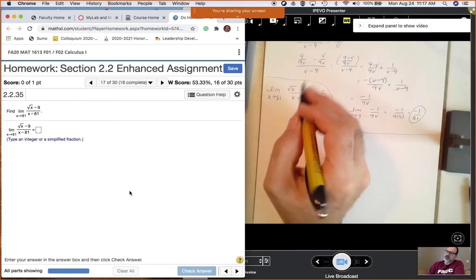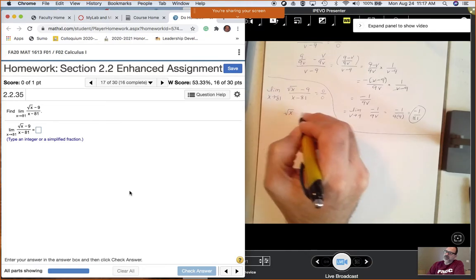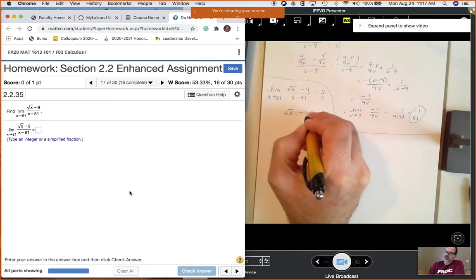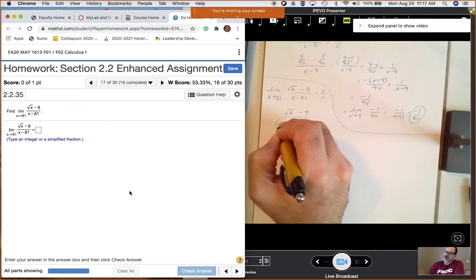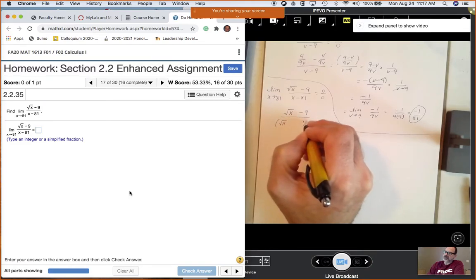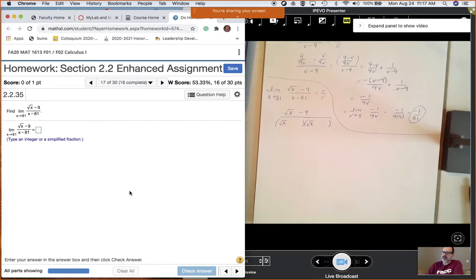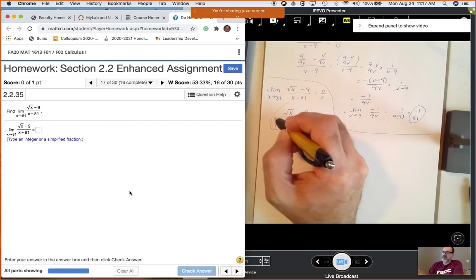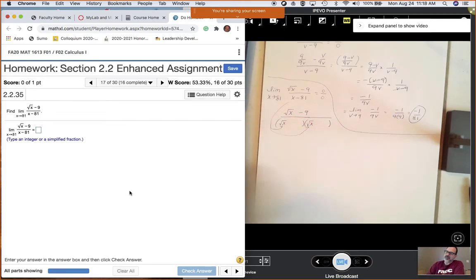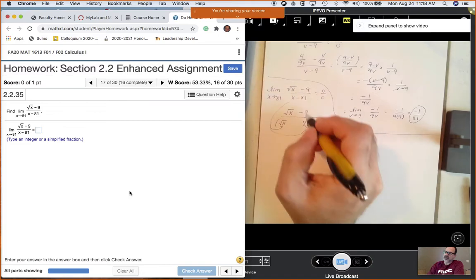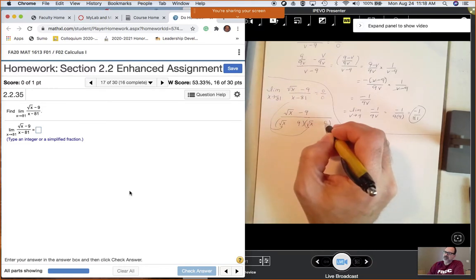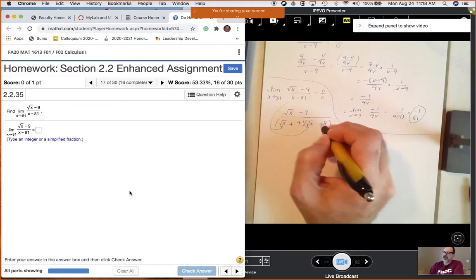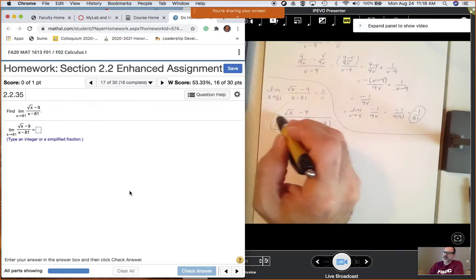where my x, if I treat it as a perfect square, would factor into root x times root x. And of course the 81 would factor into 9 times 9. One of them gets a plus, one gets a minus, and that allows me to cancel.